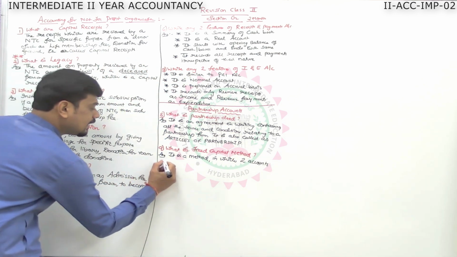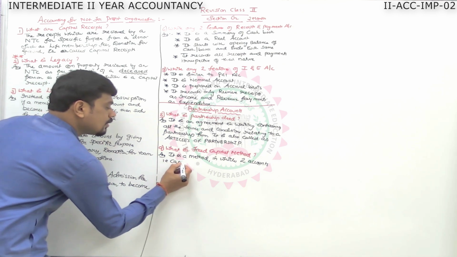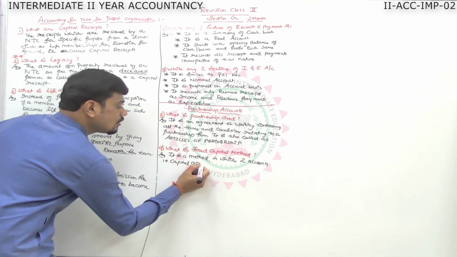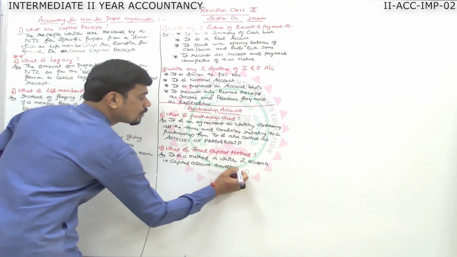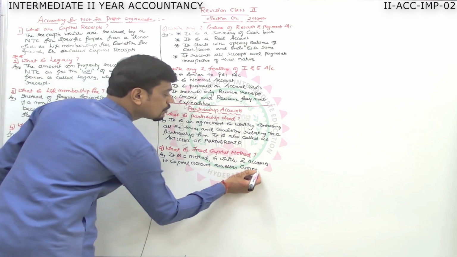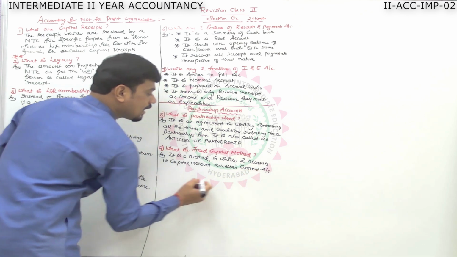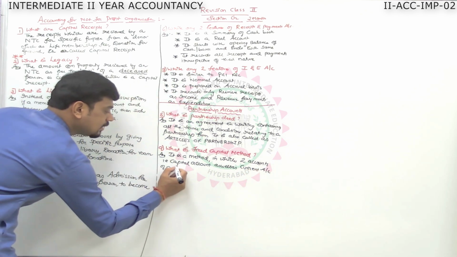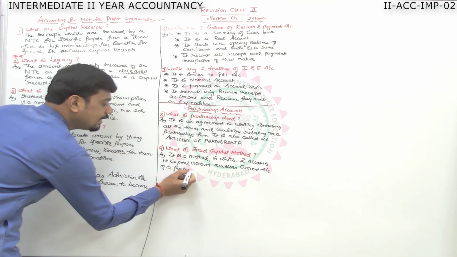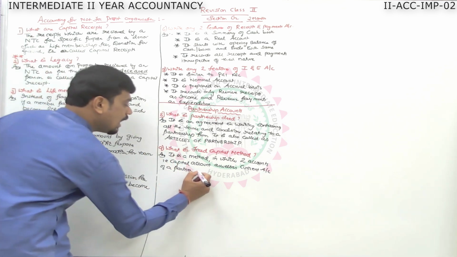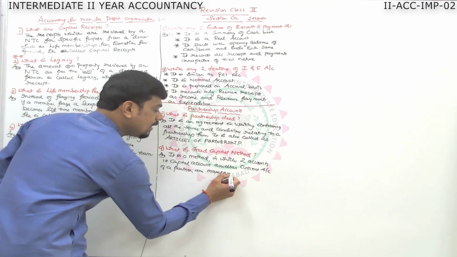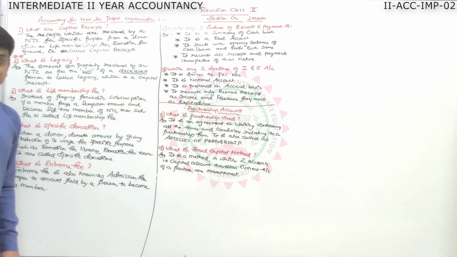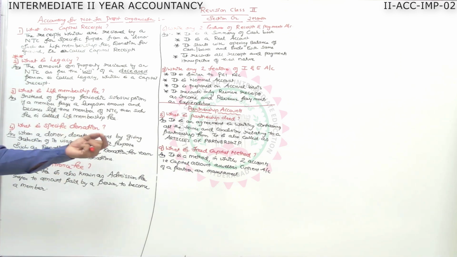That is capital account as well as current account of a partner are maintained. Okay, you wrote, but he's asking what is fixed method.